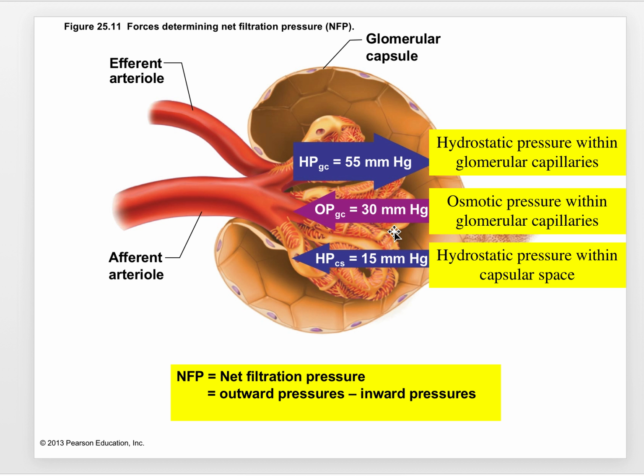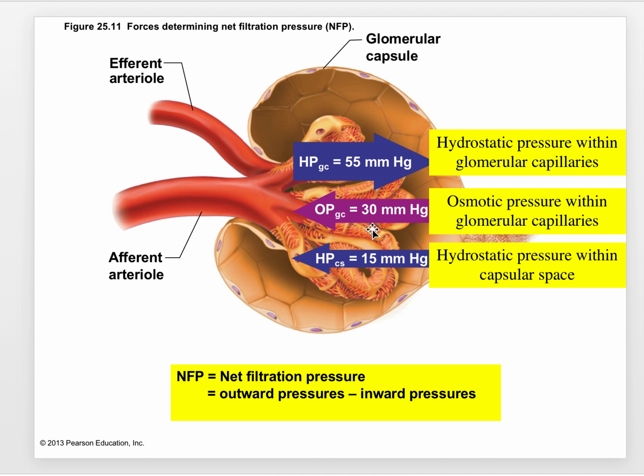There's osmotic pressure within the glomerular capillaries. Within the capillaries, there's different particles that are suspended in the solution. And whenever you have particles suspended in solution, it has an osmotic pressure.